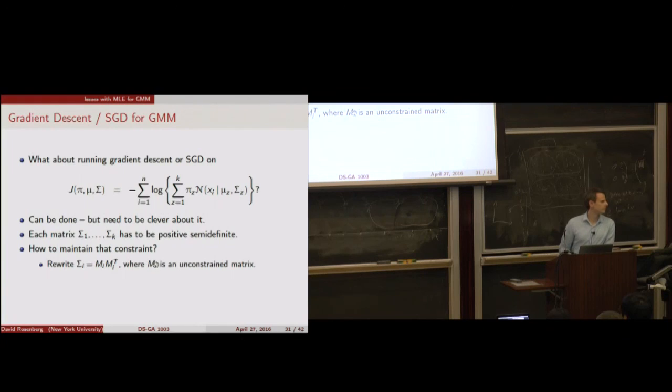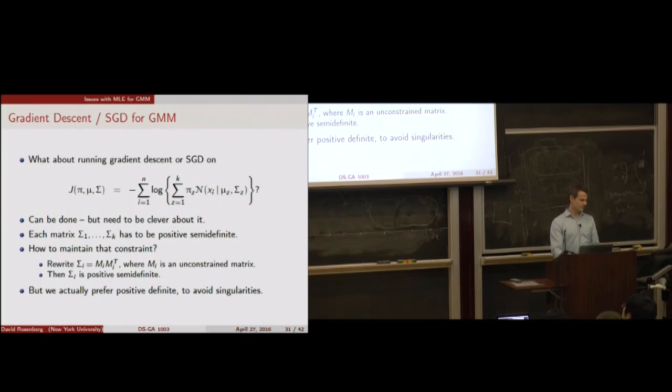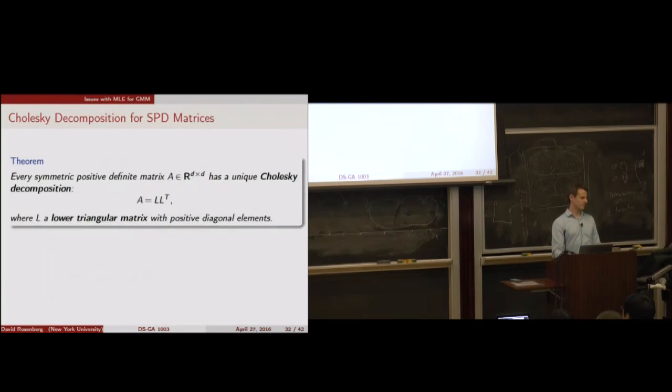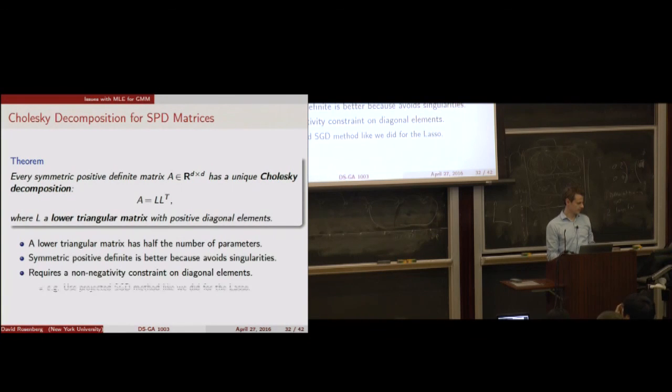Then we can let M move freely, and the corresponding sigma will be positive semi-definite. If you really want positive definite, you can factorize it more and make sure the diagonal elements are strictly bounded away from 0. There are ways to do that too.